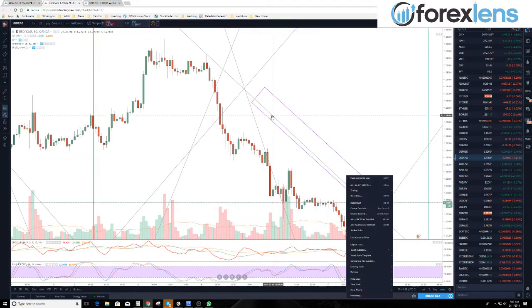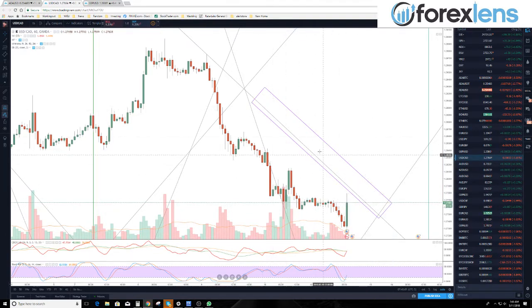Well, you get it. What I'm trying to say is there's like a buffer around this zone. And that is a hard object to select in TradingView.